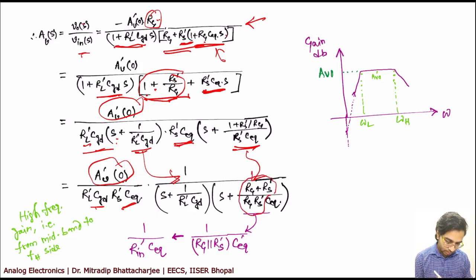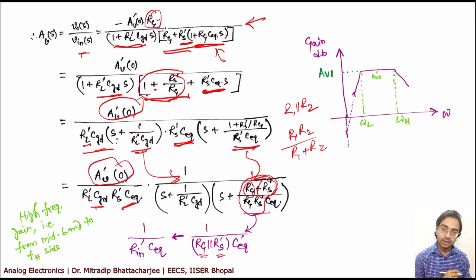Now if you see this part, this is nothing but a parallel combination. What is a parallel combination? R1 R2 divided by R1 plus R2, if R1 and R2 are in parallel. So the same thing can be written as Rg parallel Rs', because this is Rg, this is Rs', so your Rg is parallel Rs'.